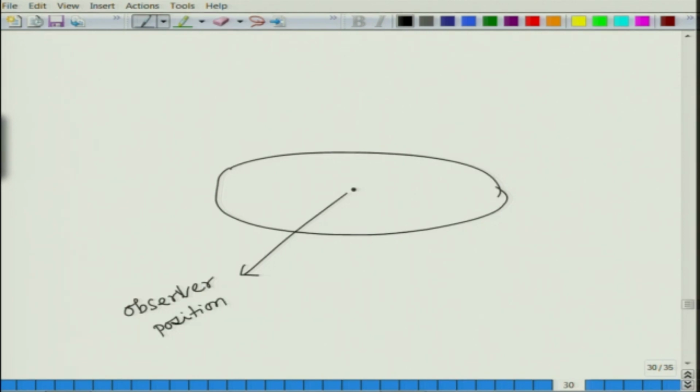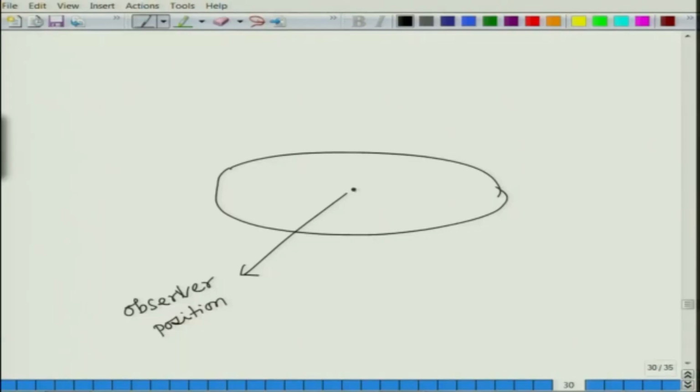Now, wherever you are standing, you can define the north, south, east, west. So, let us say that this is the north direction.